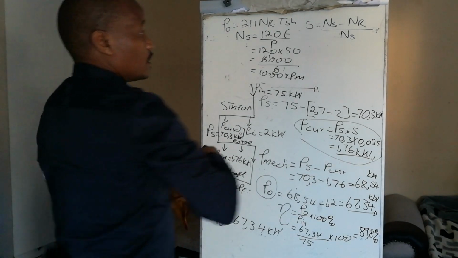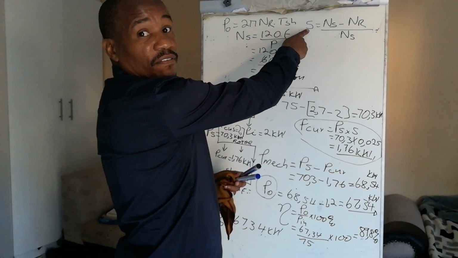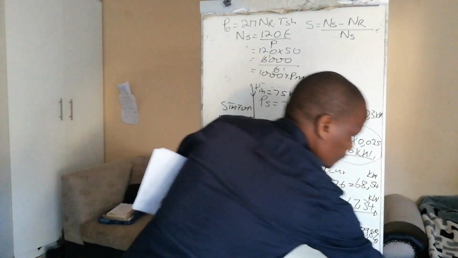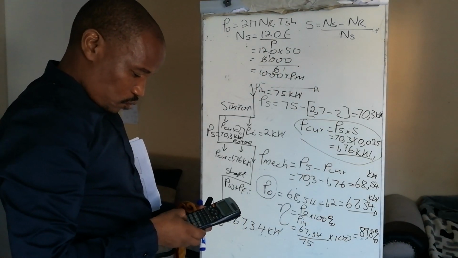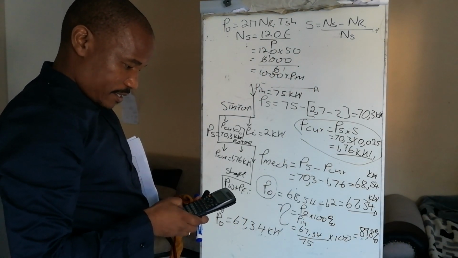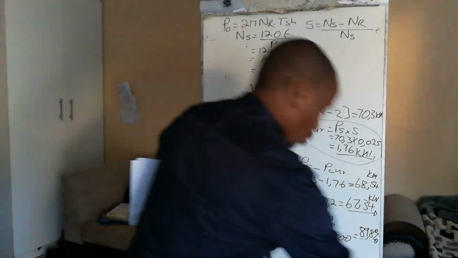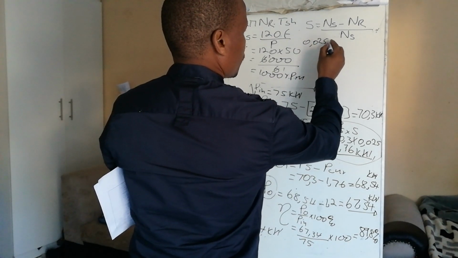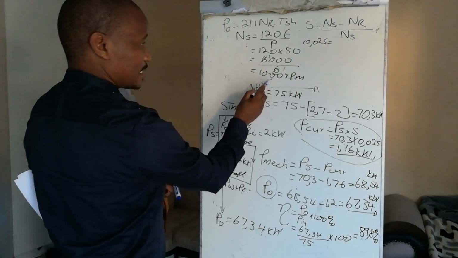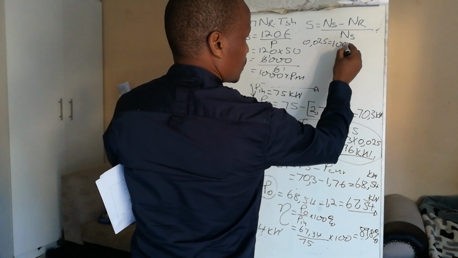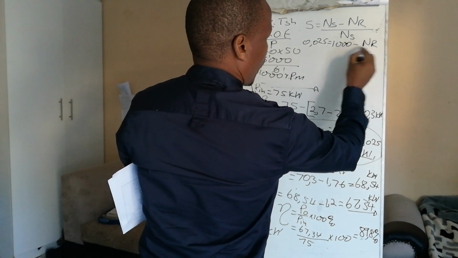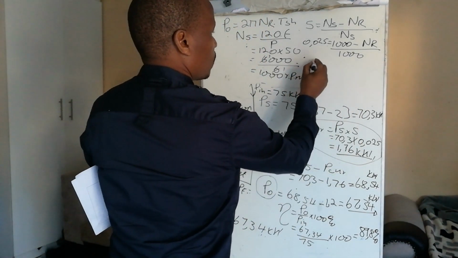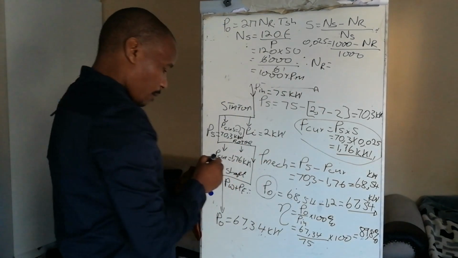So we're going to divide that 2.5 by 100. 2.5 divided by 100 is 0.025. 0.025 is equal to 1,000 minus Nr divided by 1,000. Therefore, the rotor speed is equal to how much?